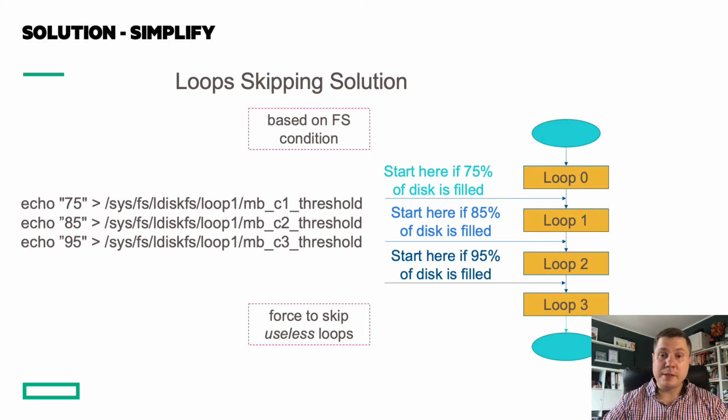Another approach is based on a Lustre patch that adds 3 thresholds. Each of them sets a value that can be used to decide whether we need to skip the MB allocator optimization loop or not. The default values are shown in this picture.